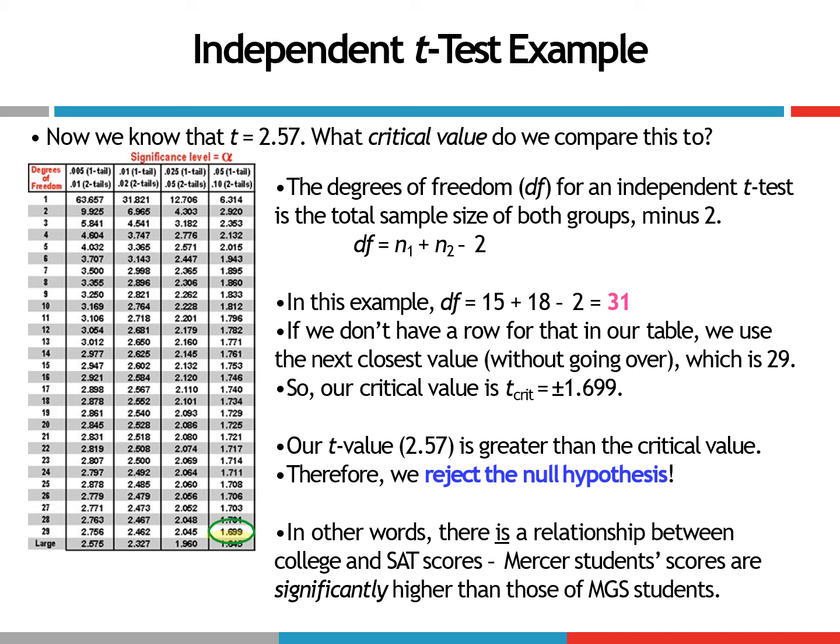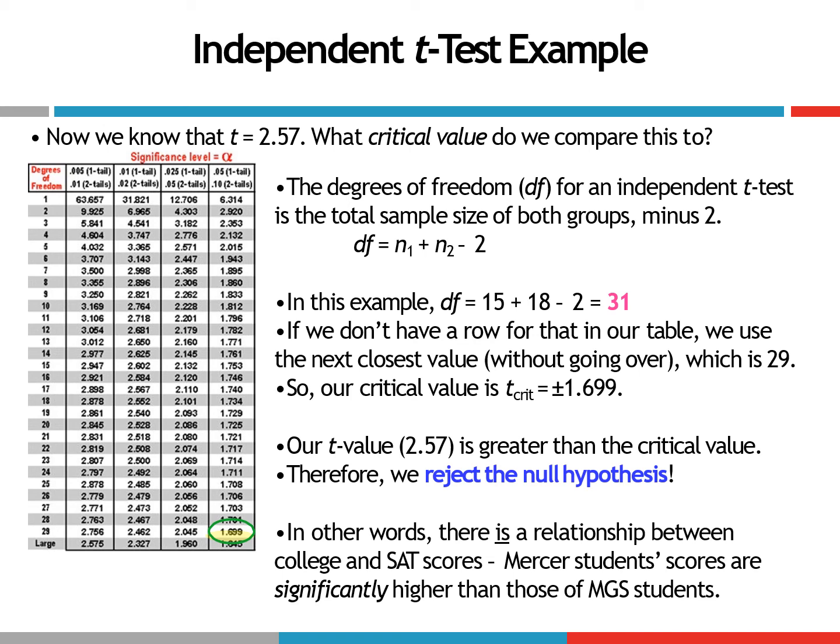So if our research hypothesis is directional, then we would conduct a one-tailed t-test. And if it's non-directional, if we're just positing a difference between the groups without specifying the direction, then we would use a two-tailed test.